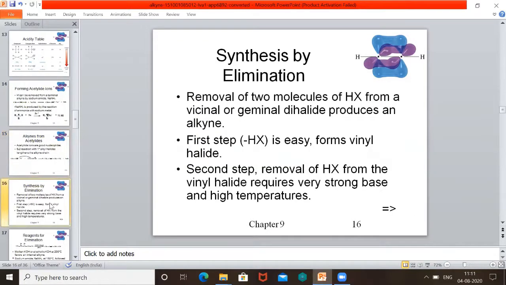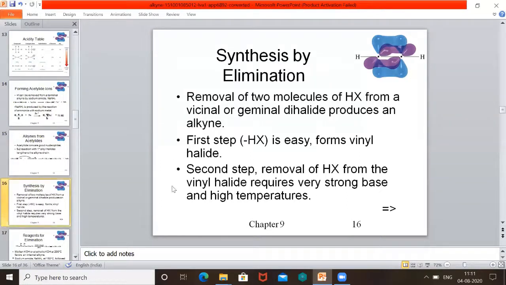There is another method, removal of two molecules of HX. Two molecules of HX from a vicinal or geminal dihalide produce an alkyne.